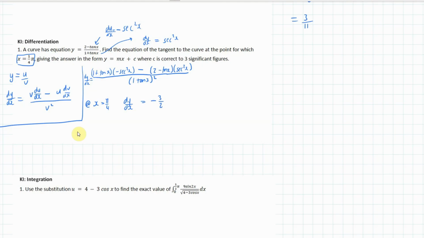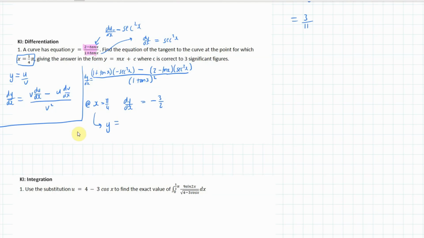Now, if that's the gradient, all I need now is a y value at x equals pi over 4. And when I plug that into the original equation, I was getting 1/2.